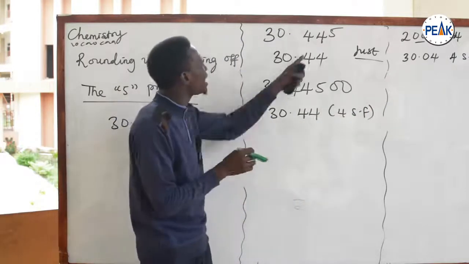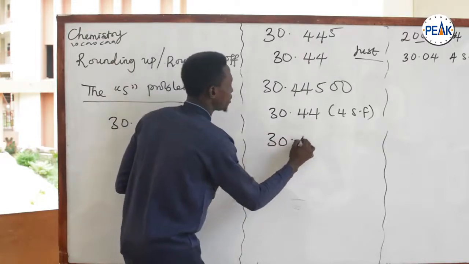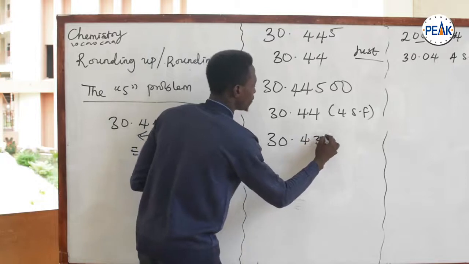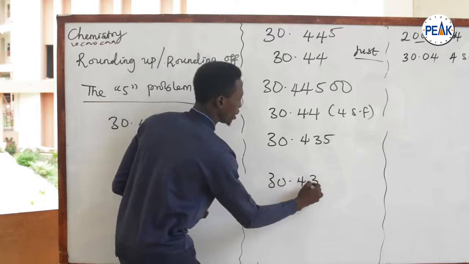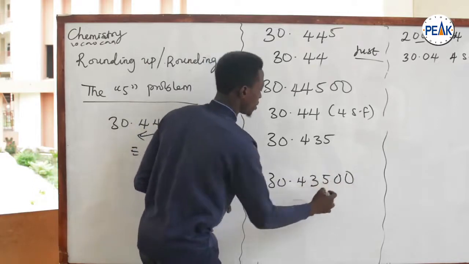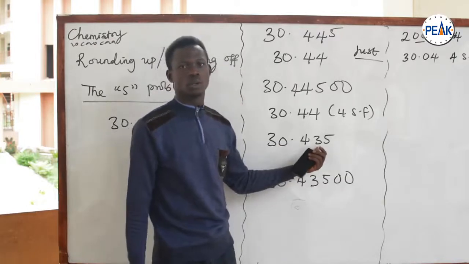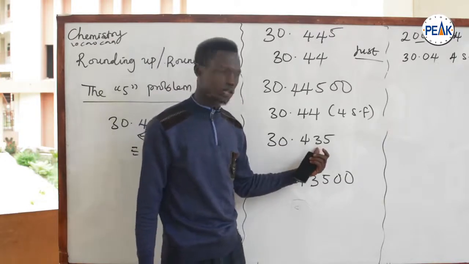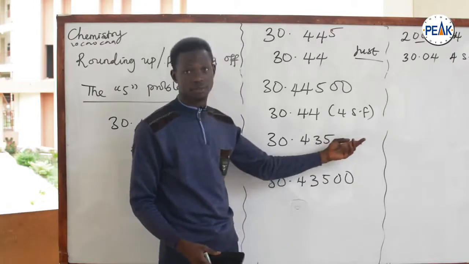But if I have an odd number, if I have 30.435 and I have 30.43500, if I want to round this figure to 4 significant figures, what do I have to consider? Are there numbers after the 5? There are no figures after the 5.